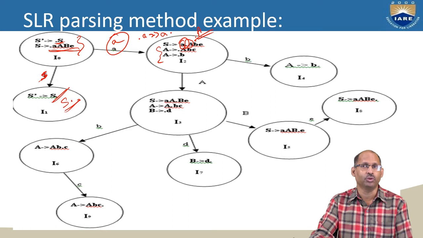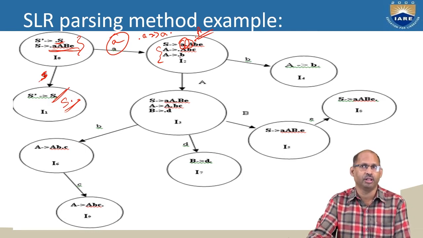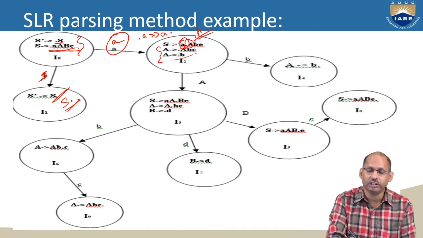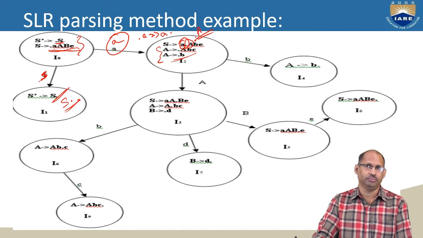Simply include both productions, with the dot before capital A, b and the dot before capital B. Once again, the dot is followed by non-terminal A, already included. So adding productions to the group is over.